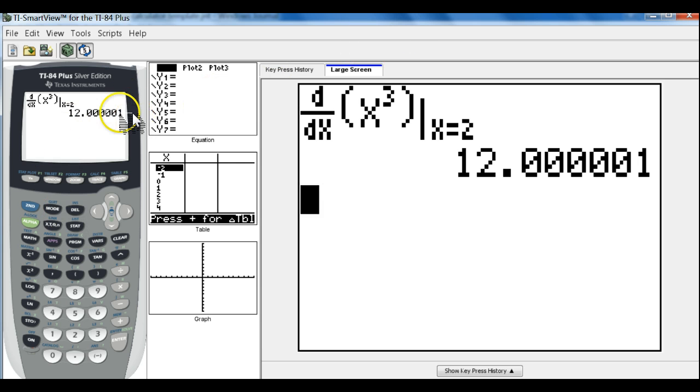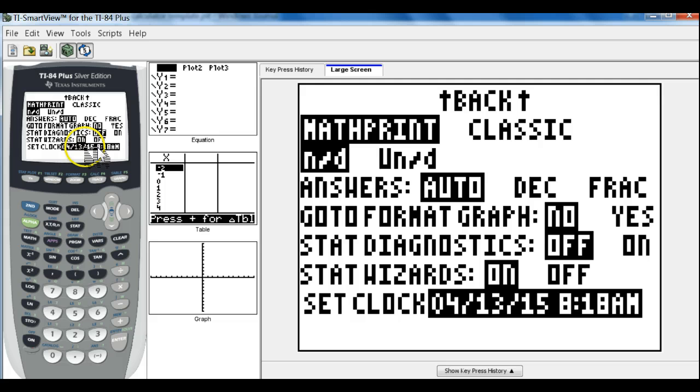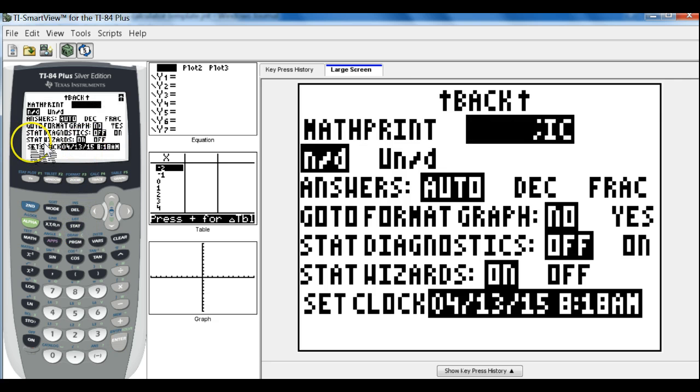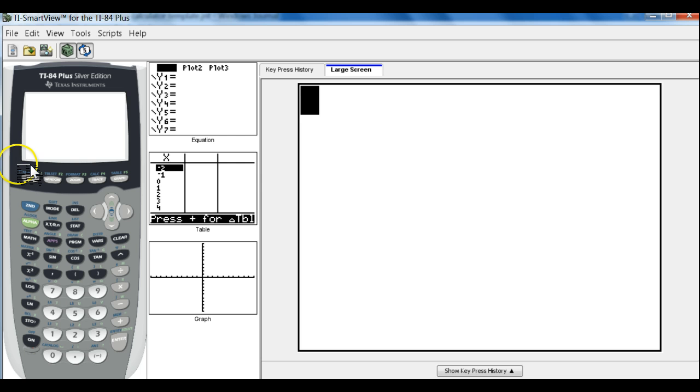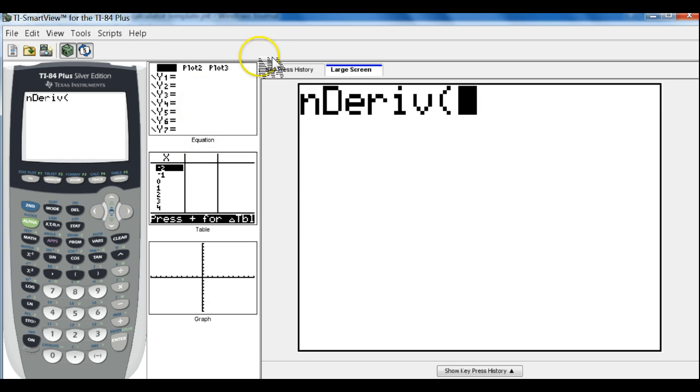Okay? Now, if you do not have MathPrint, real fast, let me put that on here as well. Turn it off so you guys can see the classic version. It works the same way. If you have a TI-83 or 84 that does not have MathPrint, you go to Math 8, and instead of the whole set of symbols, you'll just get nderiv and parentheses.